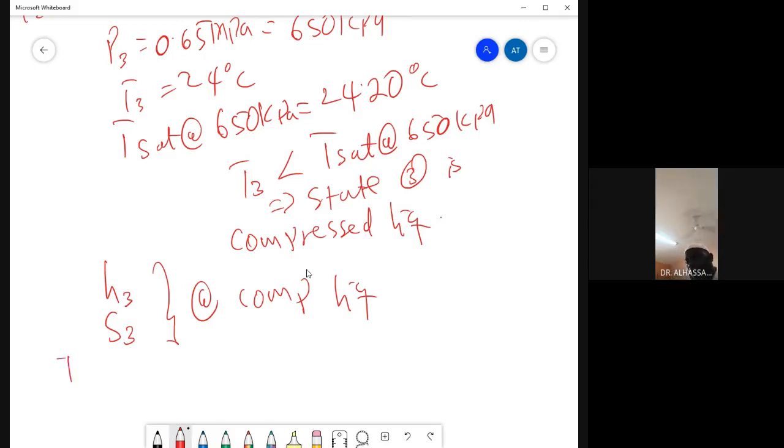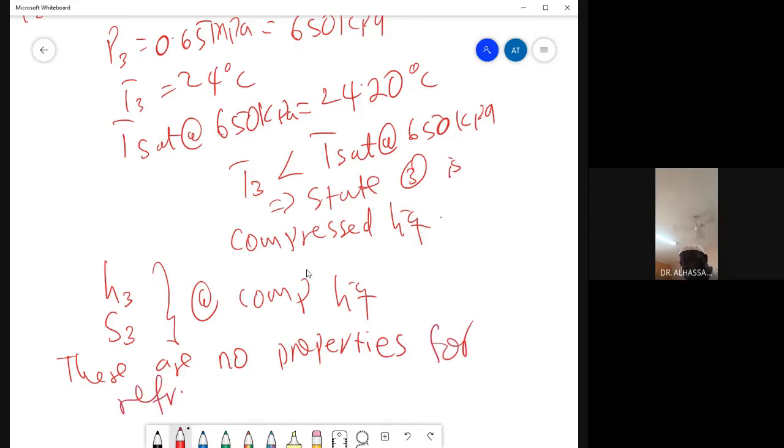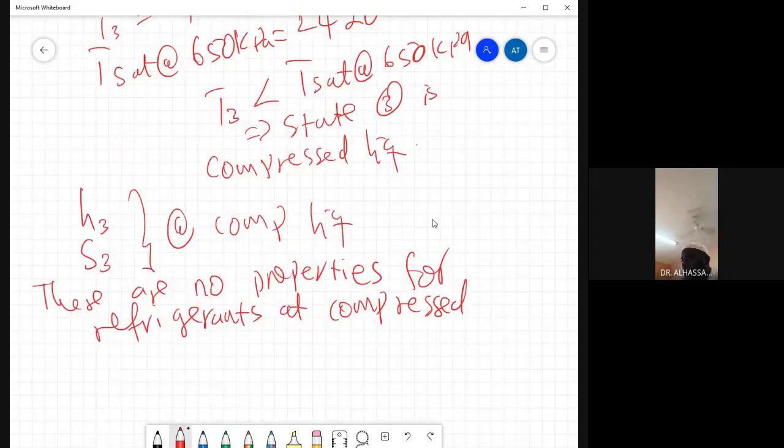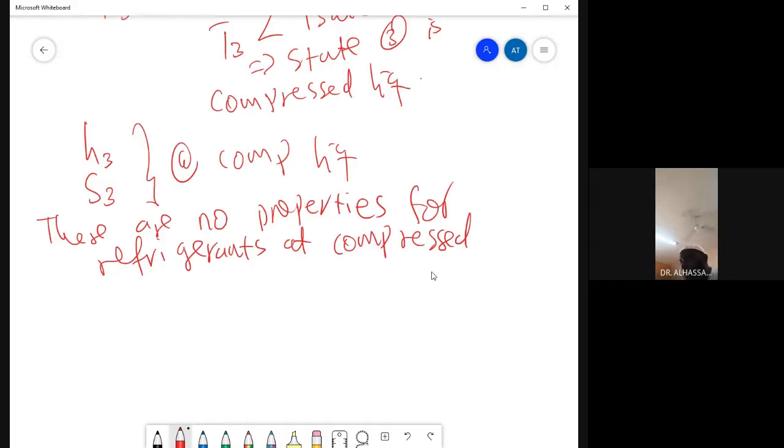There are no properties for refrigerants at compressed liquid state. You will never find it in a property table. So we will make a very good assumption.